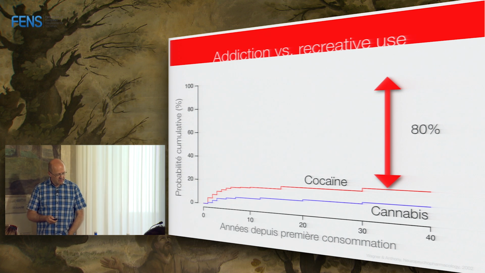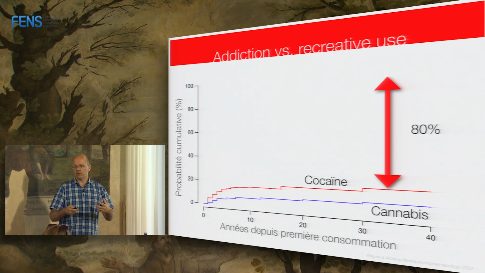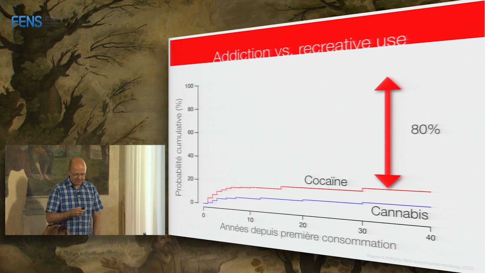So how is it that these different substances might actually converge onto the mesolimbic dopamine system? This is, as I said, not a trivial thing, because chemically these substances are very diverse. Each substance has its own receptor or its own substrate where it binds, and through that, it's not obviously clear why they should have a common effect.